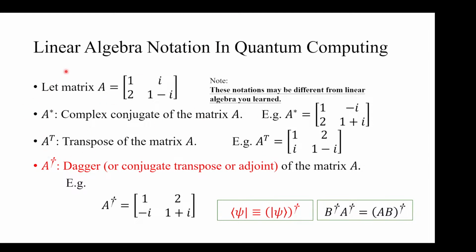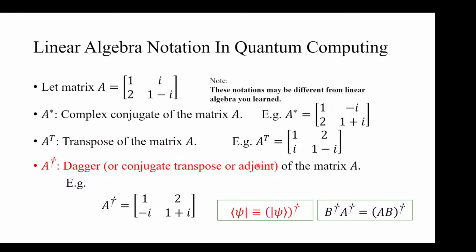What we'll use most in our course is the dagger operation. It's A to this weird dagger symbol that's very hard to type in PowerPoint. Dagger is really just complex conjugation plus transpose. You do both on your matrix, and we call it dagger. If you want to be more fancy in mathematics, it's called the adjoint operation. So the dagger operation on matrix A is really you do transpose and then complex conjugation, or complex conjugation and then transpose.